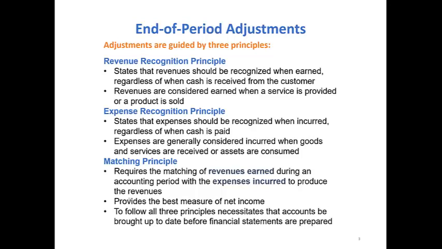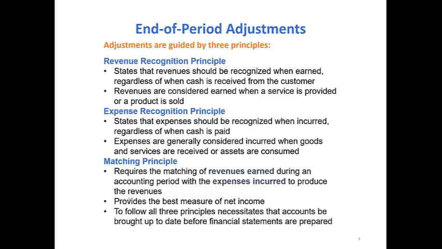For example, if we performed a service in the month of January, but we didn't bill the customer until February, we need to make sure that that revenue is recorded in January and not February, because January was the month that the revenue was earned.